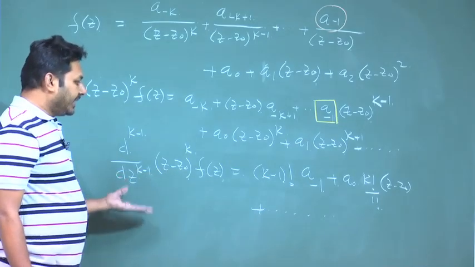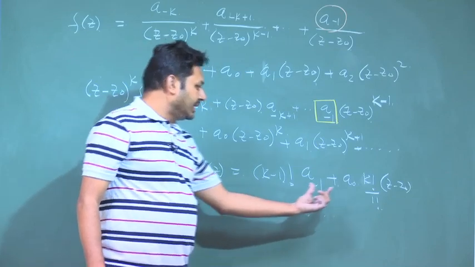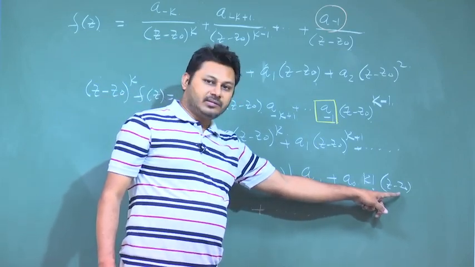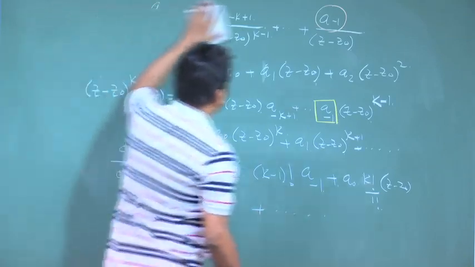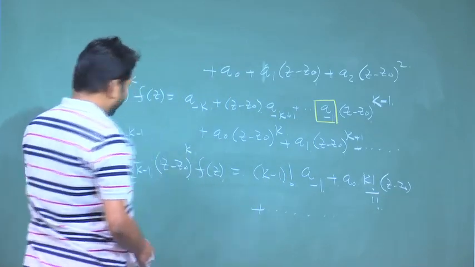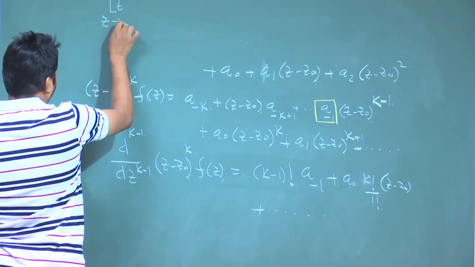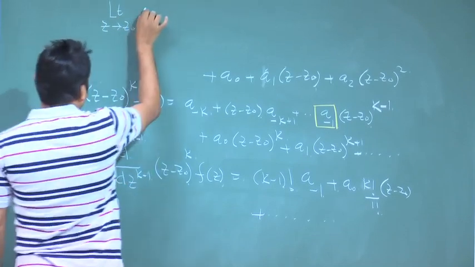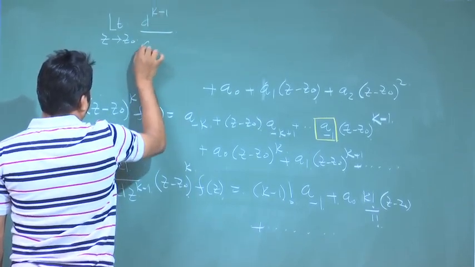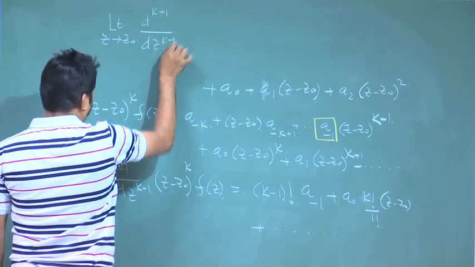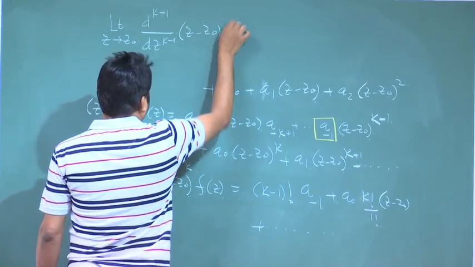Now, what is the next thing? Because I already have this term in my hand, if I take the limit as z tends to z0, all the analytic part will go away. So let me do it here. The limit as z tends to z0 of d to the k minus 1 over dz to the k minus 1 of (z minus z0) to the power k f(z).